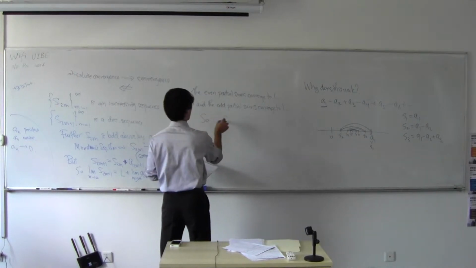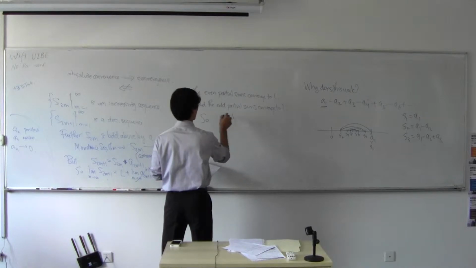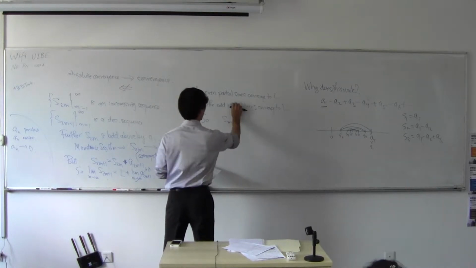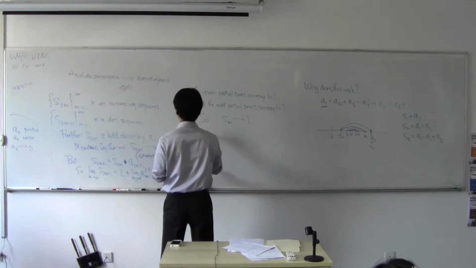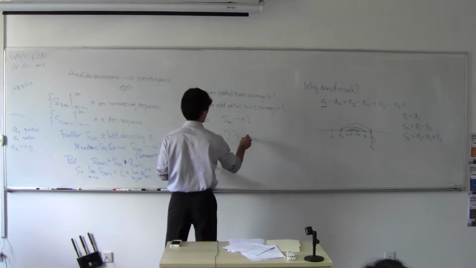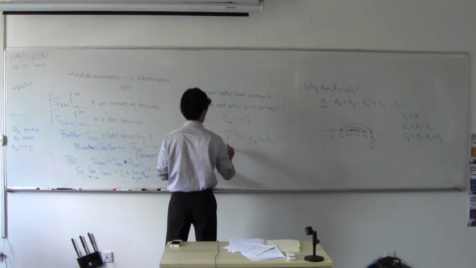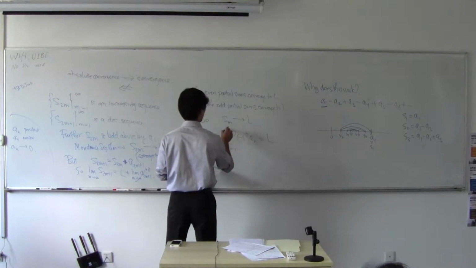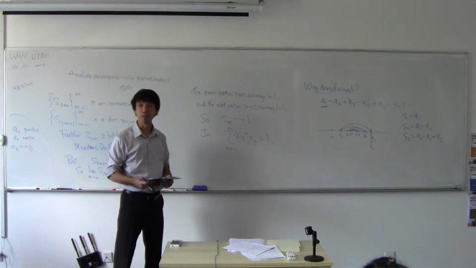So the partial sums converge to L. That is, the alternating series converges to L.